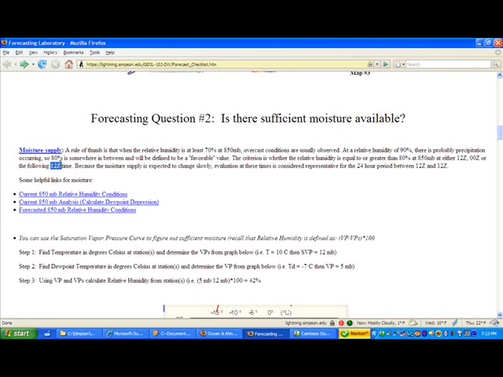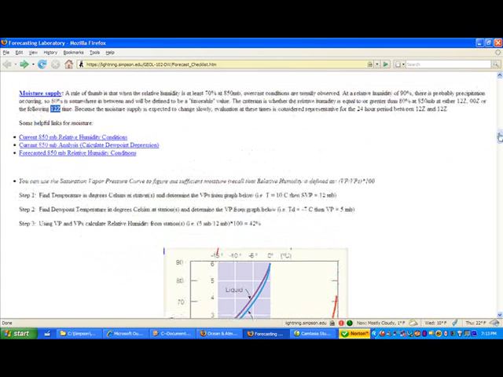And so I'm forecasting for the presence of 80% relative humidity at these three times: 12Z tomorrow, 0Z tomorrow, or 12Z the following day. If I have 80% relative humidity at 850 millibars, then the program will consider that sufficient moisture.